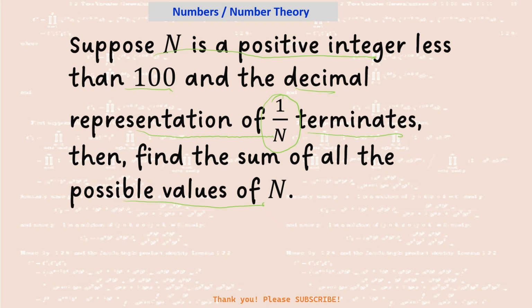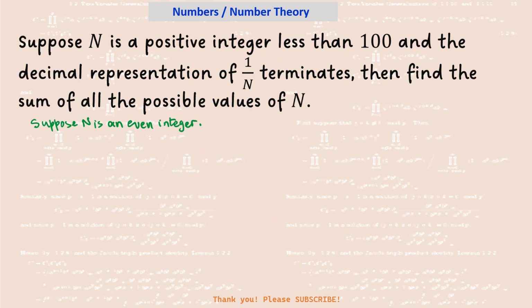So then if we assume that n is an even integer, probably the even integers would give terminating values for 1 out of n. So you see half works, half is 0.5, 1 out of 4 is 0.25. However, it doesn't work for 1 out of 6 because it gives you 0.16 recurring.